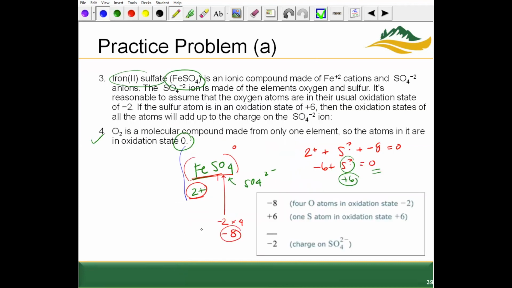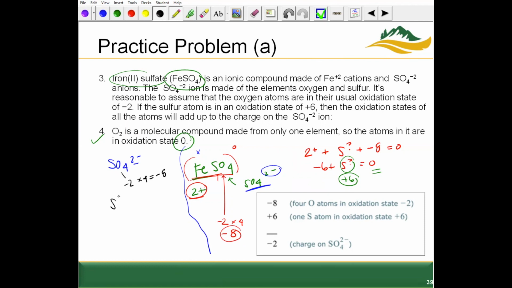Let me show you one other way that you can work this out. I mentioned that SO4 has that charge of 2-. You have that memorized for sulfate. Let's just focus on SO4 2-. We know that has to total up to 2-, and in this case, we wouldn't need to worry about the iron. So SO4 2-, oxygen still -2. There are 4 of them, so that's -8.